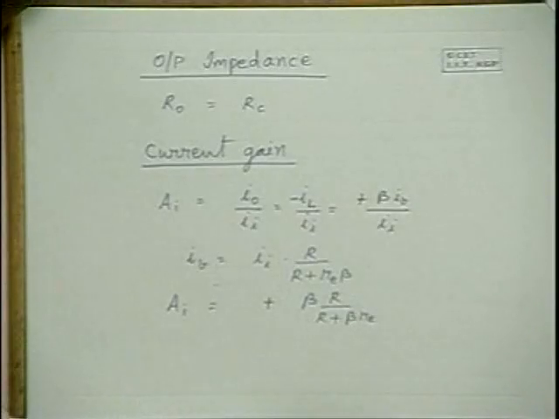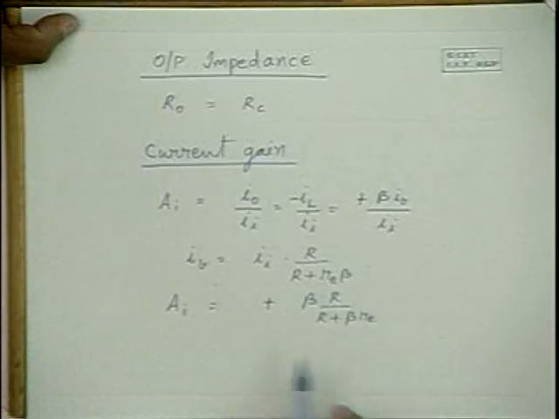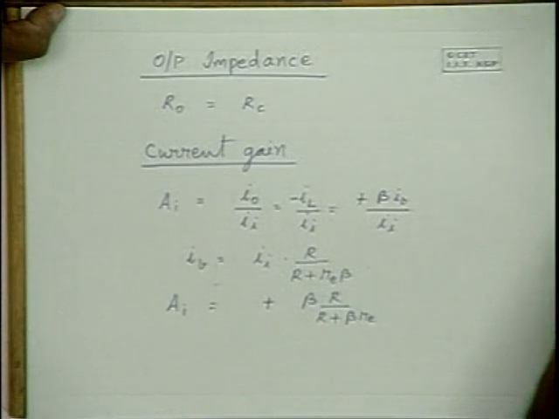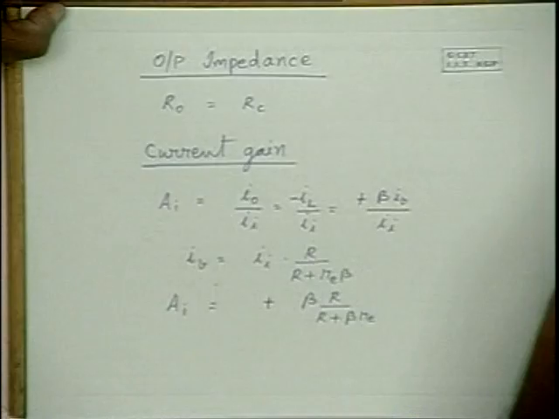If you consider the current going into the load as the output current, you will get a negative current gain. That is the difference. It only depends on the notation which you follow. So you can stick to any one of the notations and carry out your analysis.